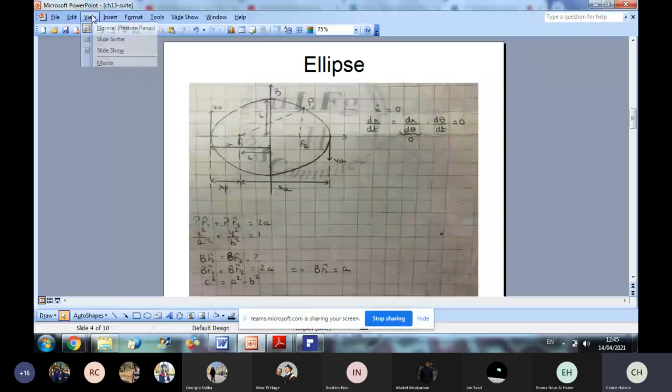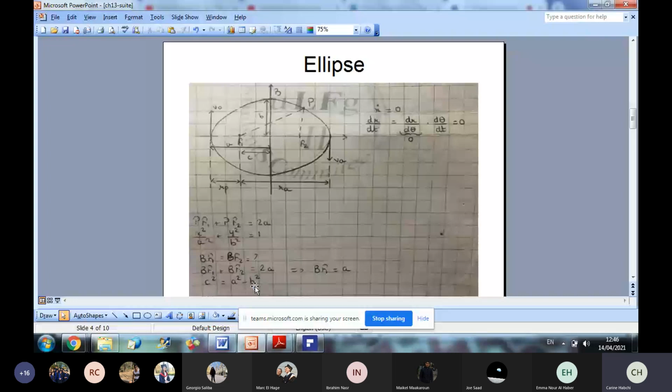Let me tell you, here you have this is b square plus c square is equal to a square. So you can write the following relation that c square can be given by a square minus b square.